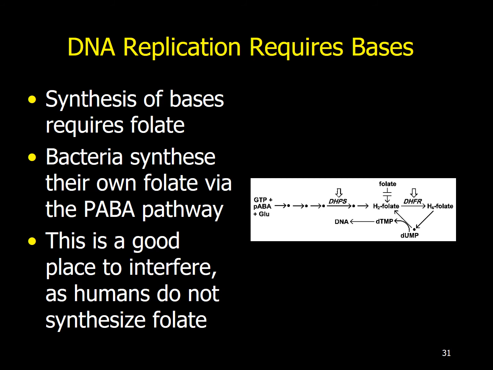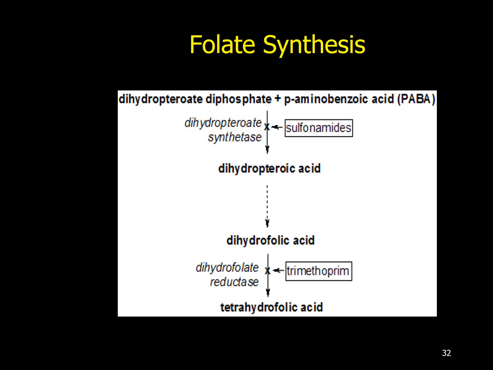Bacteria, on the other hand, can synthesize their own folate. Bacteria make folate via the para-aminobenzoic acid pathway. So obviously bacteria don't eat folate, they synthesize it. So if we want to decrease the ability of DNA to replicate by way of decreasing the synthesis of new bases so that you can't make matching strands for the DNA, then one of the things that we can do is interfere with the para-aminobenzoic acid pathway.